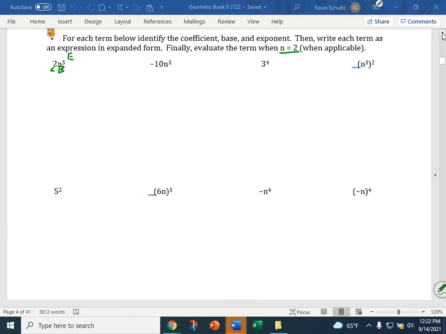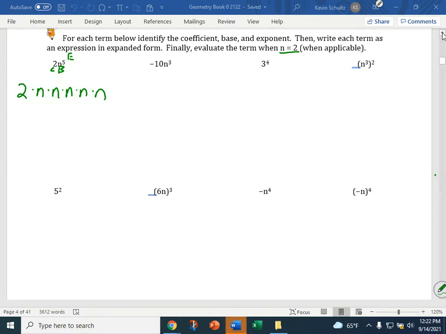Okay? And then in expanded form, what does that say? 2n to the fifth in expanded form. Yeah. It's 2 times n times n times n times n times n. Exactly. There are not 5 2's because that coefficient is not part of the base. It's not affected by the power.